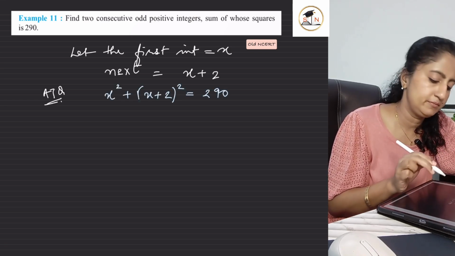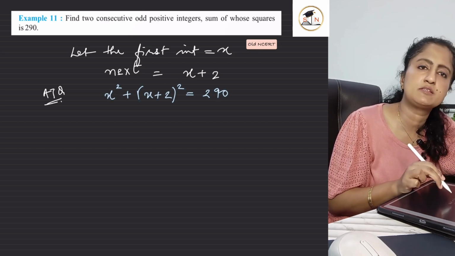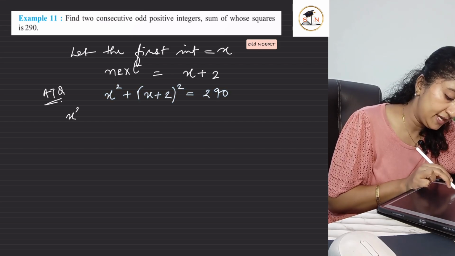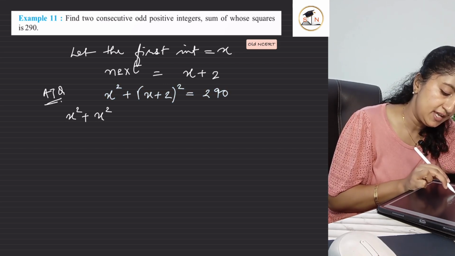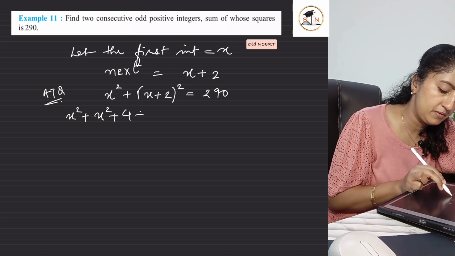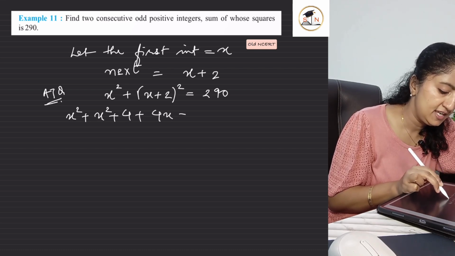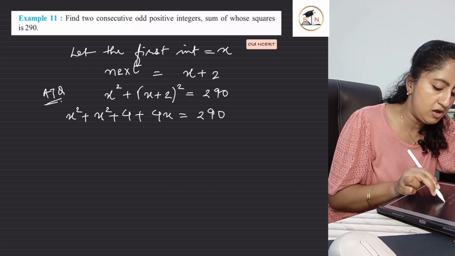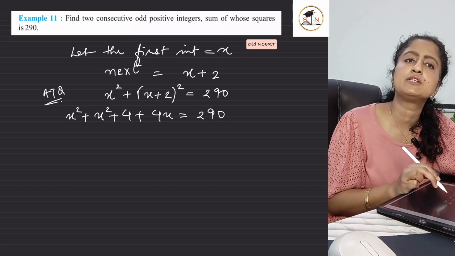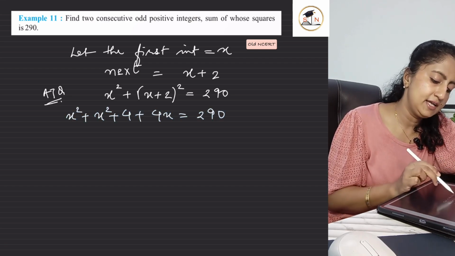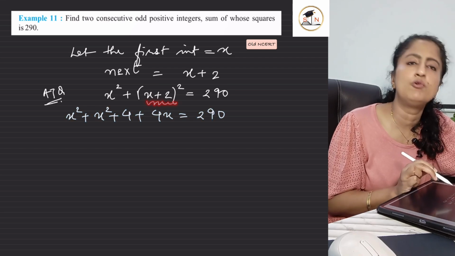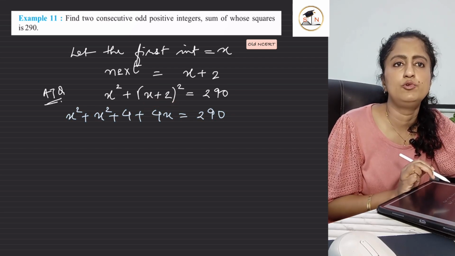Now we are going to expand. So we will have x square plus 4 plus 4x equals 290. Now how did I get x square plus 4 plus 4x? I just applied the identity of (a plus b) whole square in (x plus 2) whole square.